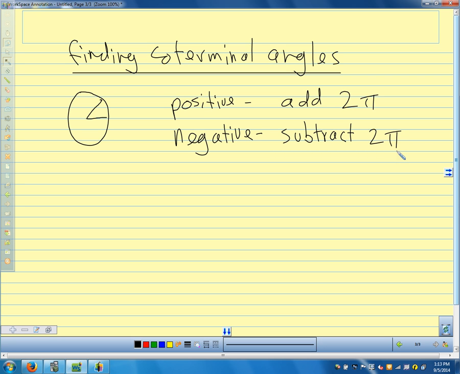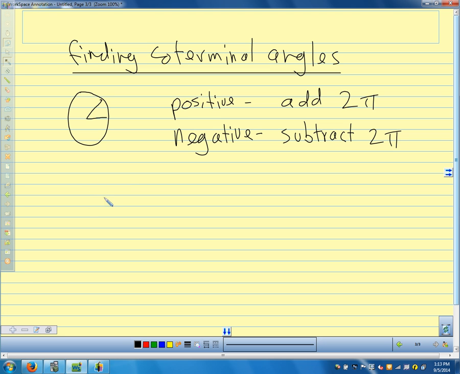And we could add or subtract any multiple of 2 pi. If we add 4 pi, we're just going around the circle twice. Negative 4 pi, we go the other direction twice. So we should start thinking about 2 pi telling us to go around the circle. We add 2 pi, we're going around the circle again. That'll be a big theme.